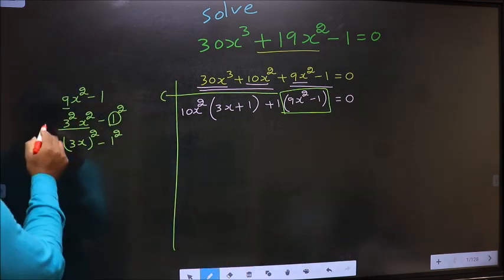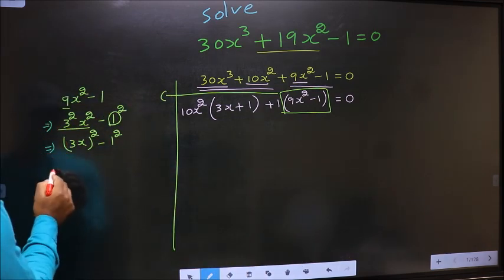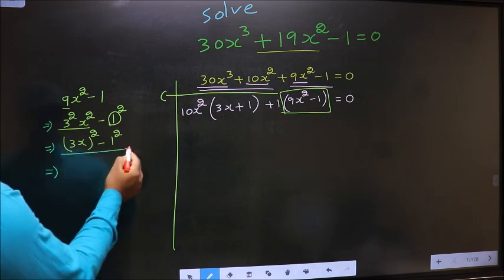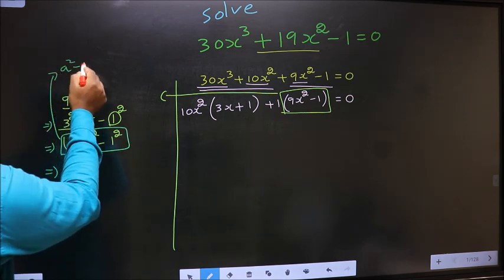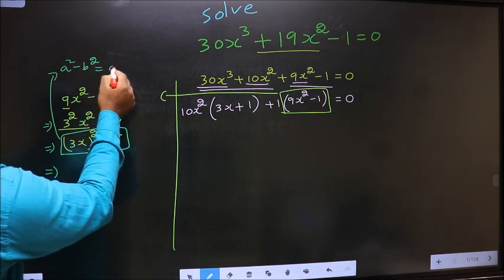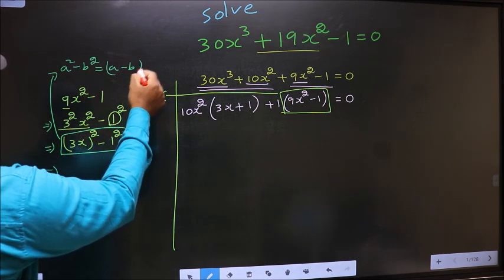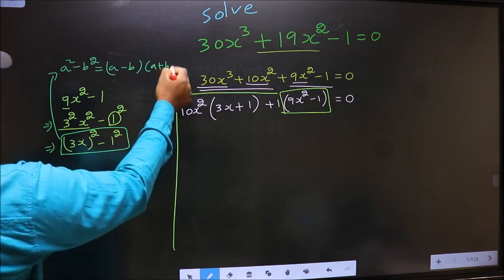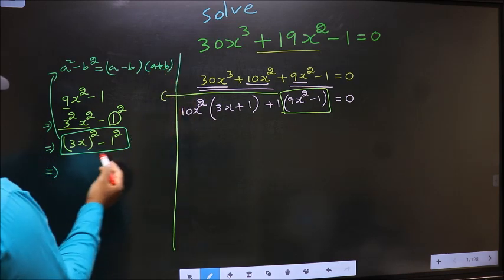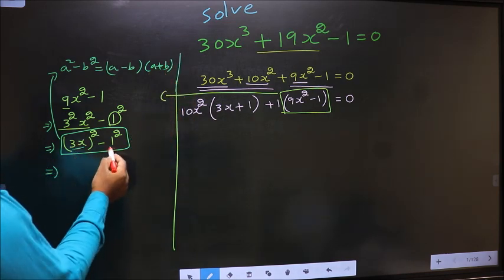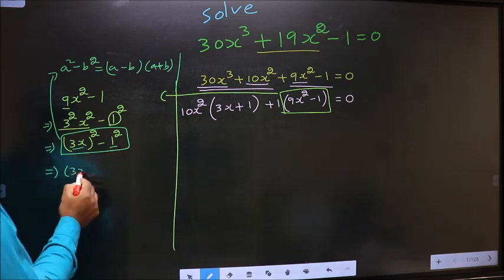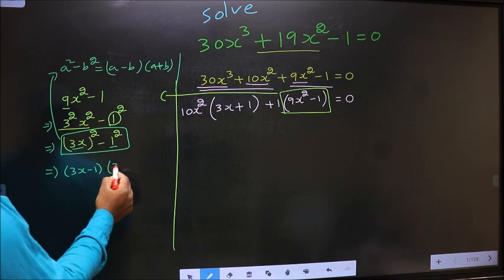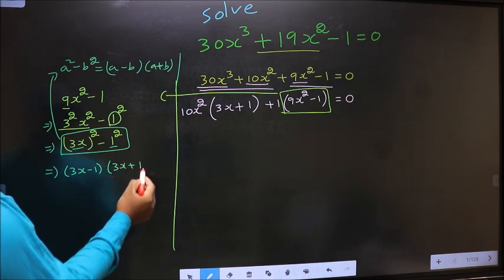Okay so far. Now on this we can apply the formula a² − b² = (a − b)(a + b). In place of a you have 3x, in place of b it is 1. So you will get (3x − 1)(3x + 1).